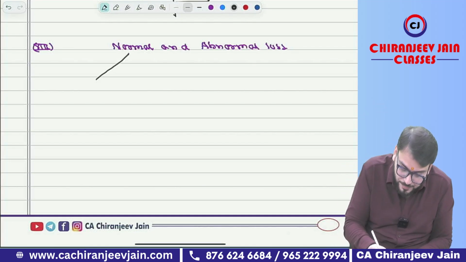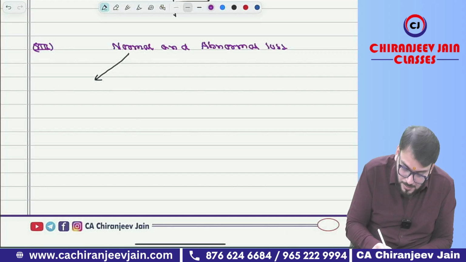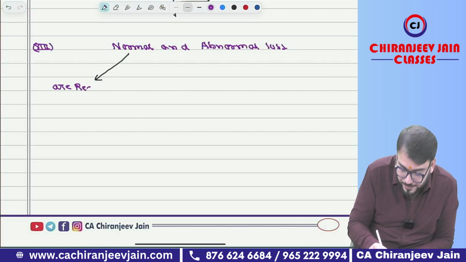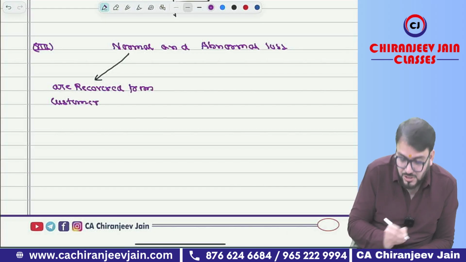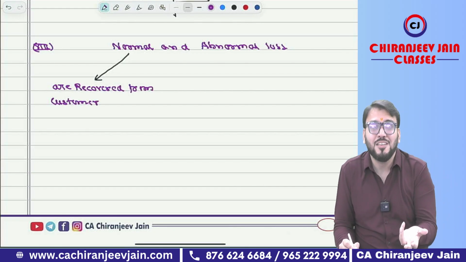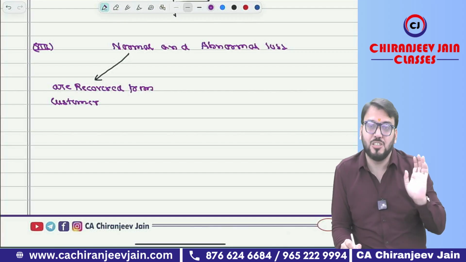So normal loss is recovered from customer, because this is going to happen. So what you will do, you will try to recover it from customer.